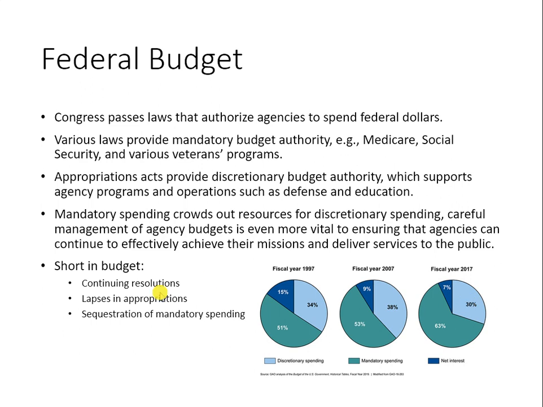The problem is the mandatory spending is already huge. It crowds out resources for discretionary spending. Therefore, careful management is needed, which is vital to ensure that agencies can continue to effectively achieve their missions and deliver services to the public. If those agencies are short in budget or without budget, things are going to go wrong.